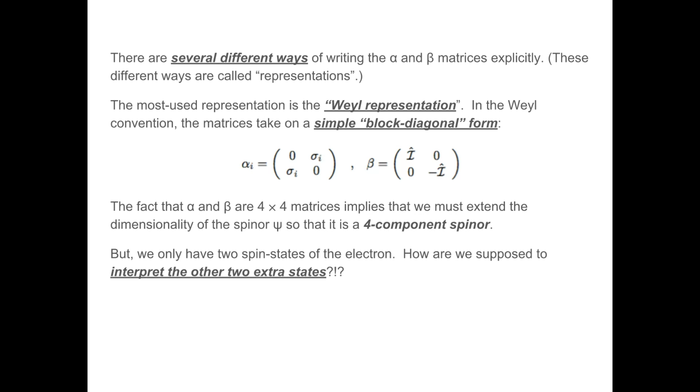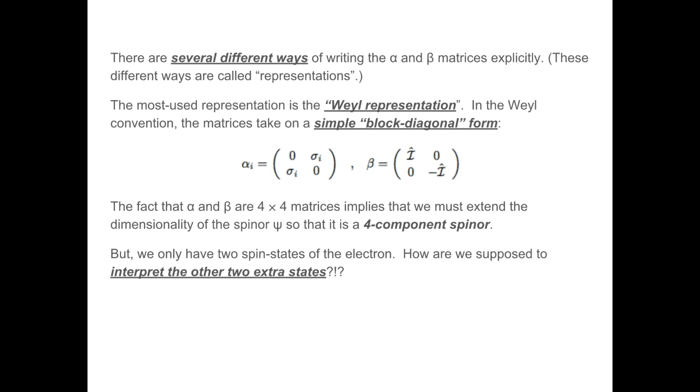So that's the nice thing about the Weyl representation. You can work in this block diagonal form, and you don't have to explicitly write down 4 by 4 matrices. And then the beta matrix in this representation is diagonal, and the diagonals are made up of 2 by 2 identity matrices. All right, so that's all fine and good.